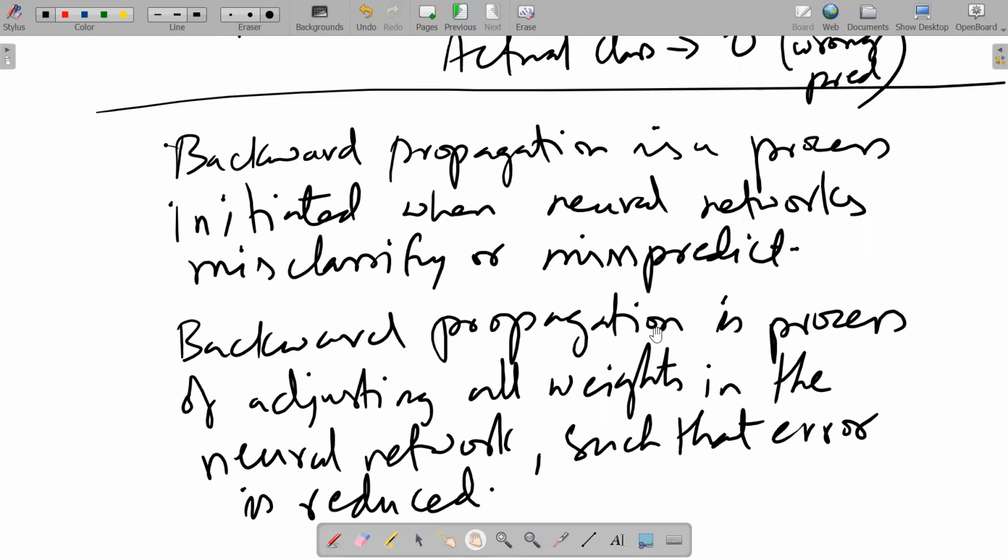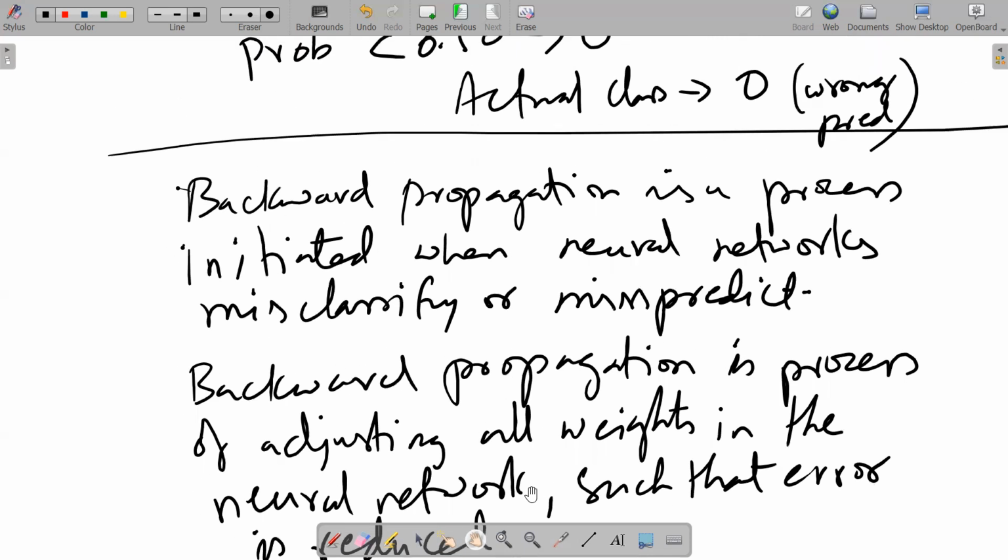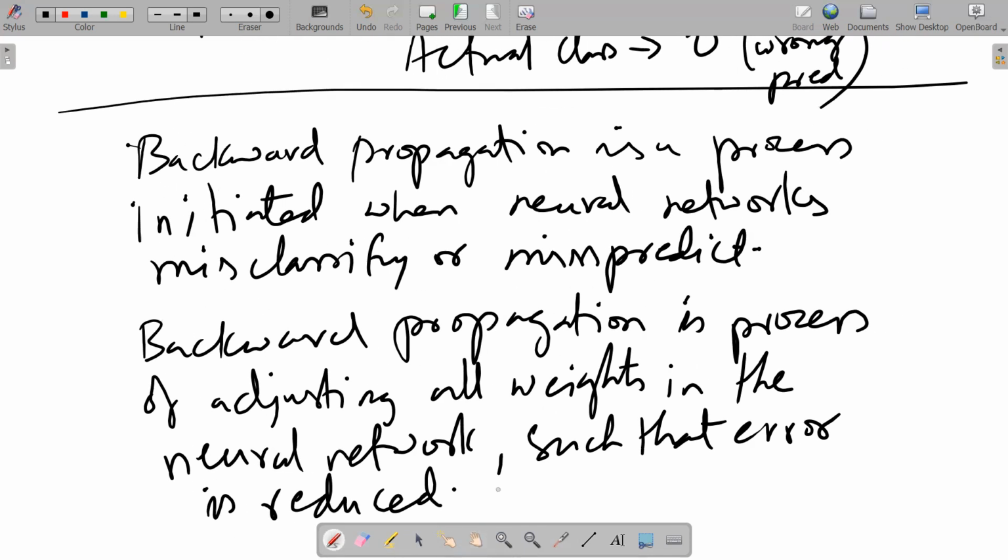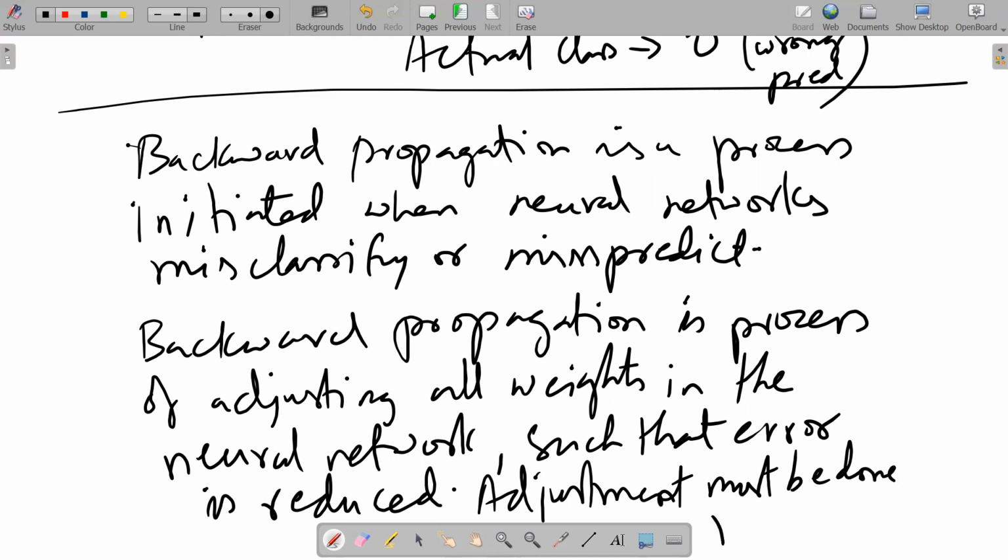Here we have 9 weights. All 9 weights must be adjusted. You can't selectively pick some weights and reduce them. No. All the 9 weights must be adjusted, and the adjustment must be done iteratively.